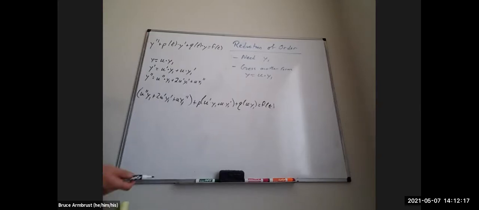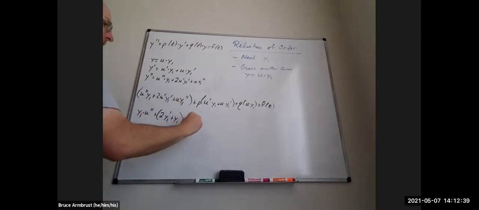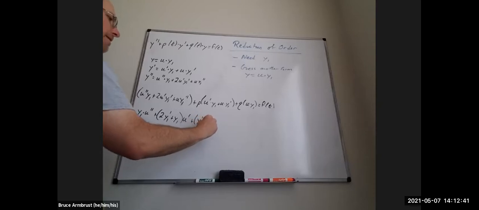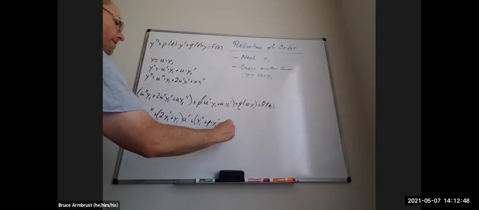Now, what I'm going to do is reorder things in terms of the u's. So we're going to get y1 times u double prime. The u primes, we're going to get 2y1 prime plus p y1 times u prime. And then the u's, we're going to get y1 double prime plus p times y1 prime plus q times y1.